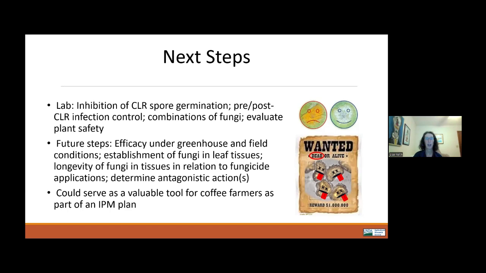Our goal is to now move from leaf disc assays. We've already started potted plant assays in a greenhouse, in growth chambers. Ultimately, we hope to see if it is possible to work in the field. And could it serve as a valuable tool for coffee farmers as part of an IPM strategy?